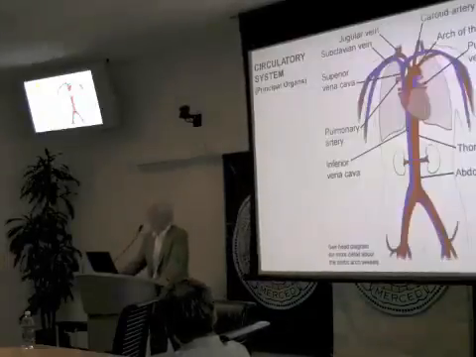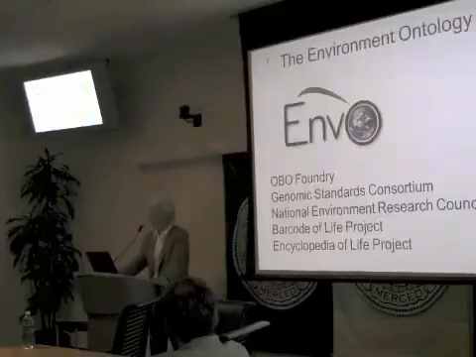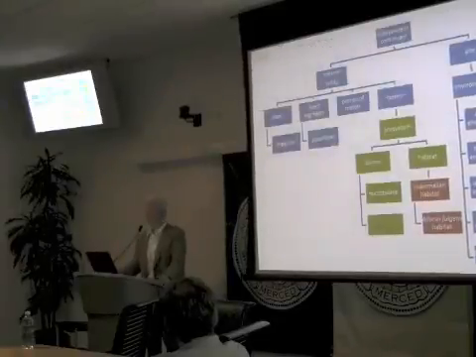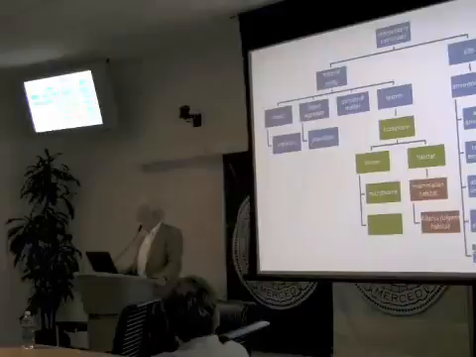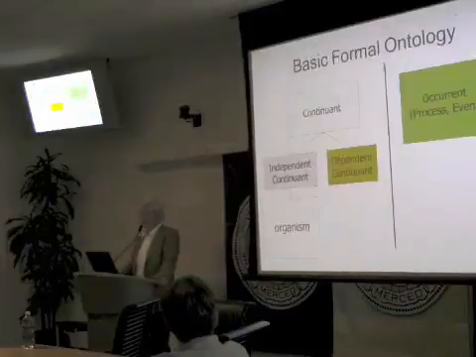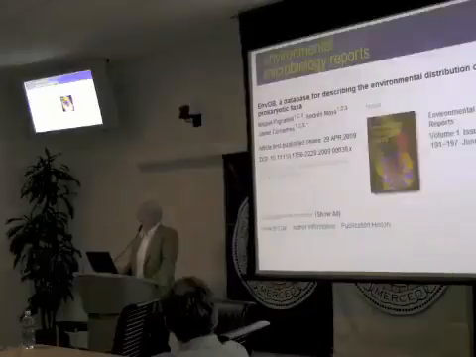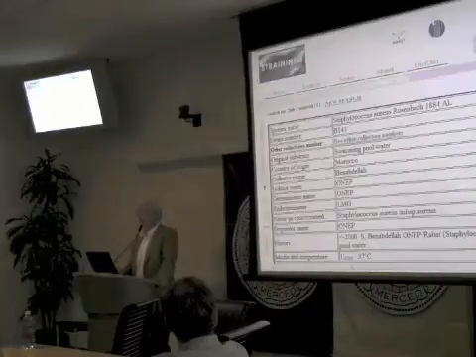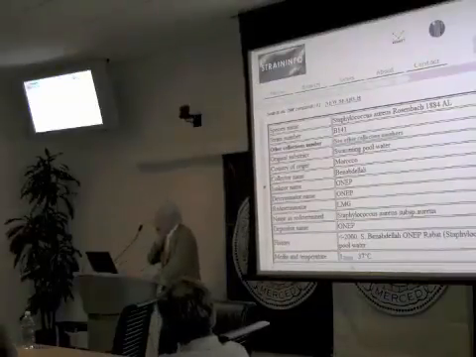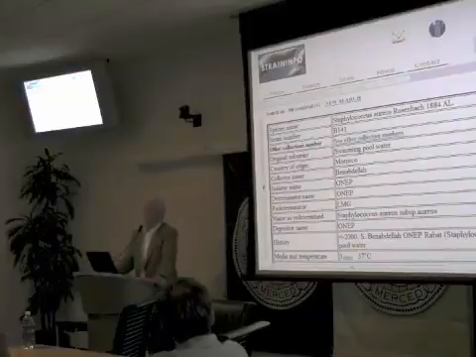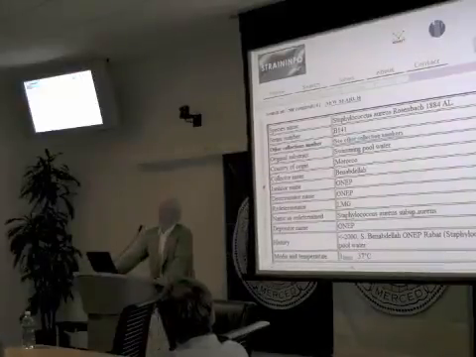So these are some examples, let's just go back to this, of some of the terms near the top here. And now let's very quickly look at how this thing is used, why it's needed. So there is something called StrainInfo. StrainInfo is a website where you can buy bacteria.